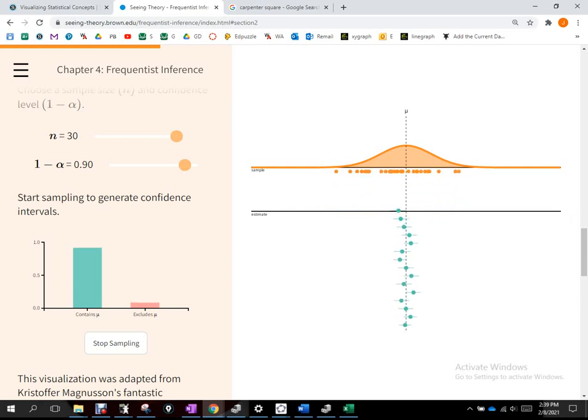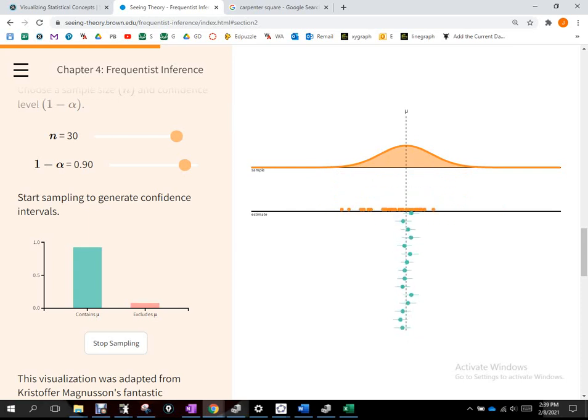So what do we do? We say, okay, we'll be 90% confident. That's what I'm setting right here, okay? And that's what's generating these segments that go through those bubbles, right? Those segments are equally distant on both sides of the bubble because they are the beginning and end of my interval.